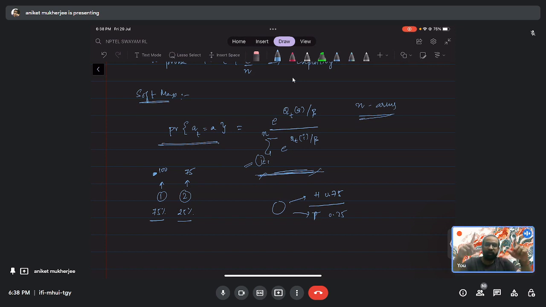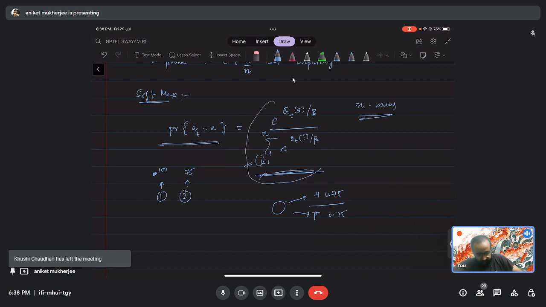I'm going to get a value between 0 and 1. So what does that value denote? What will I do with that value? That value denotes the probability with which you pick up that arm. So I don't get the value 75%, I get something between 0 and 1.